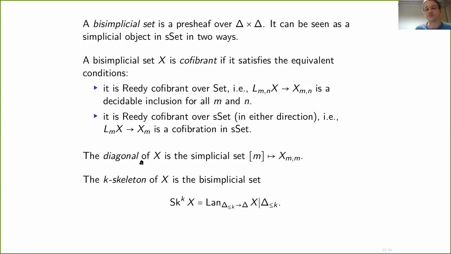Every bisimplicial set has a diagonal, which is just exactly what you expect. And bisimplicial sets also have skeleta. The skeleton is something given with respect to a particular direction, either one or the other, and it's basically generated by sub-objects of k-dimensional simplices. Here's a formula in terms of a Kan extension.